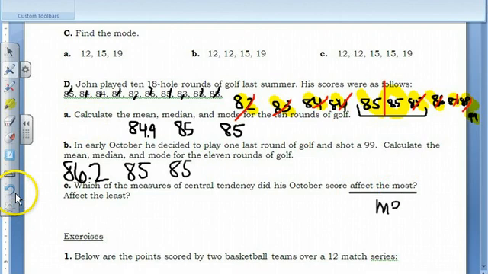That's true of nearly every data set: the mean is most affected by outliers, or even in this case, data that lies outside of the range of the data. The median and the mode were least affected. In general, I would say the mode is least affected. The median can be affected, it just wasn't in this case.